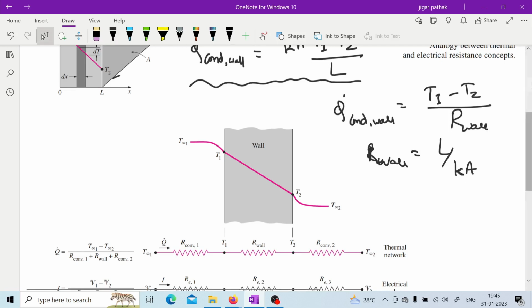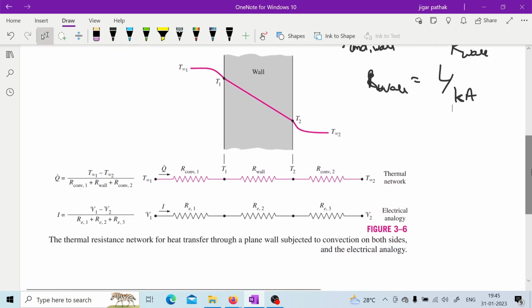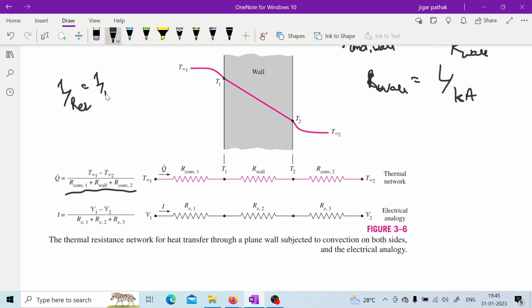Here the series and parallel rules are also applied, as for resistance. If resistances are in series, they are directly added; if in parallel, then 1 upon R equivalent equals 1 upon R1 plus 1 upon R2. Here it is in series, so it is directly added.